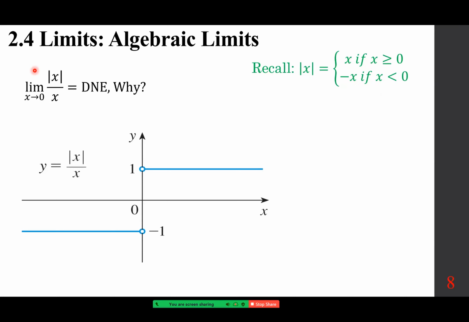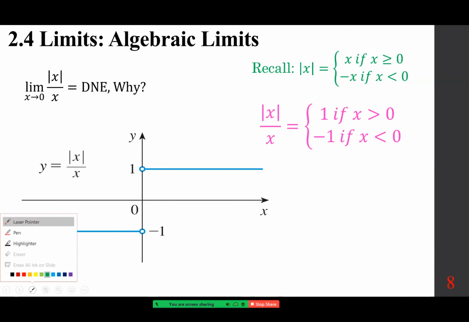However, if you look at this one, because the denominator is x, you can't have the equality as you have it here, and that becomes the ratio of x over x or minus x over x, and it becomes either 1 or negative 1. So this ratio, when x is positive, is x over x, which is 1. When x is negative, it is minus x over x, which is negative 1. And therefore, they have different limits.